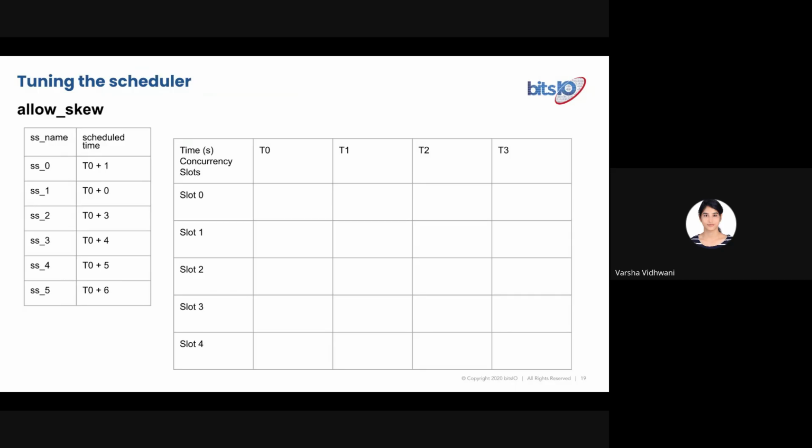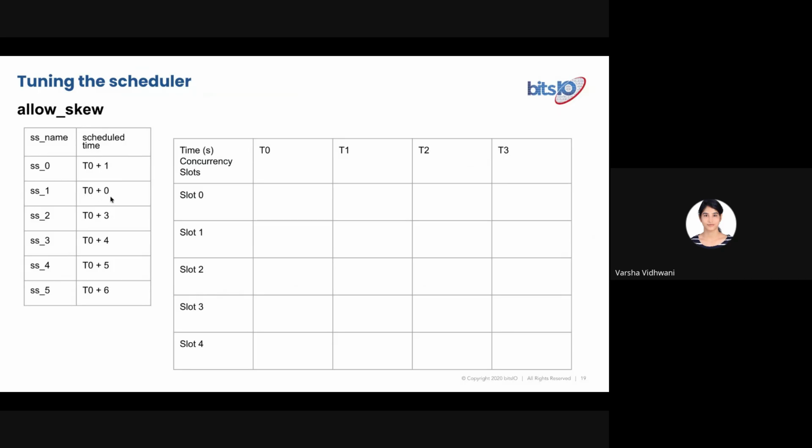Let's look at another example where we are using allow skew. We have defined a specific duration that it can be moved to. This one can be very precise; we cannot spread this search out.